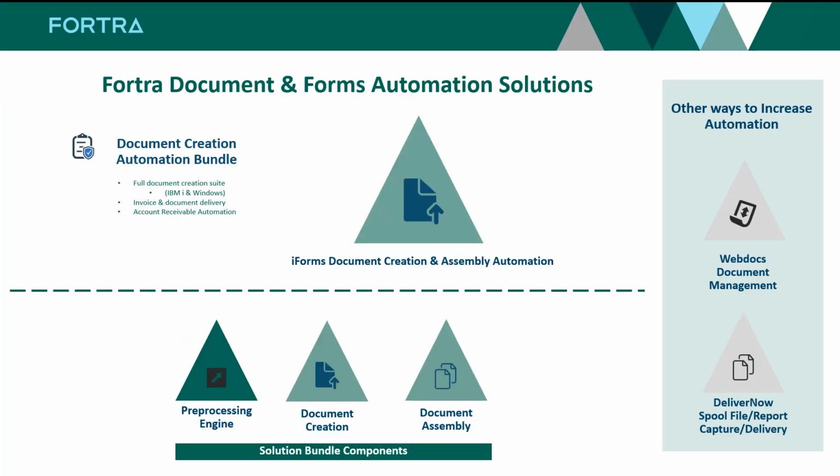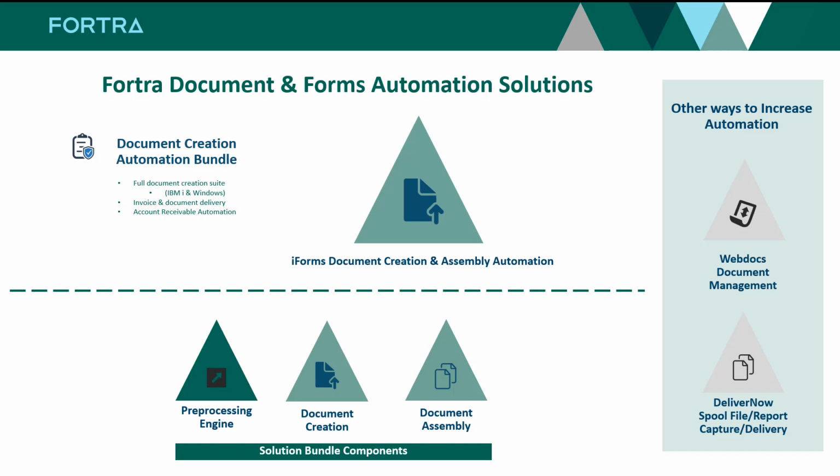Now the iForms solution comes with a couple different components to it. Inside of our bundle, we have what we call pre-processing capability. So we can pre-process documents inside of the solution. If you need to split, burst, or extract email addresses from a database, we can do different things like that from the pre-process standpoint.